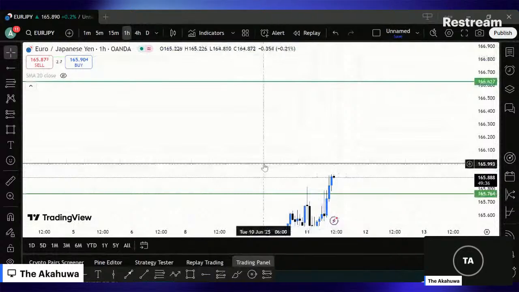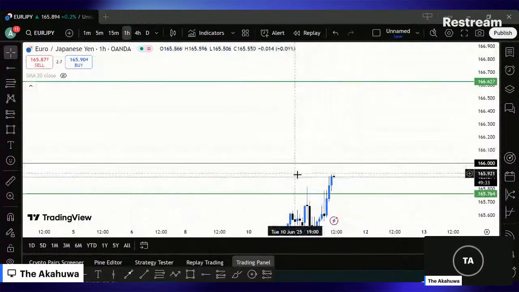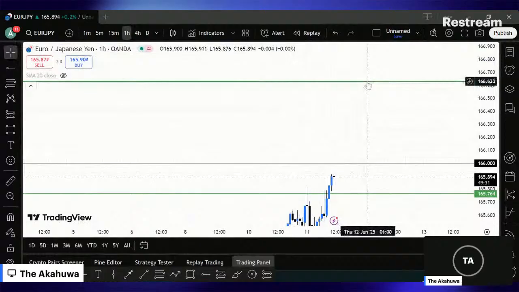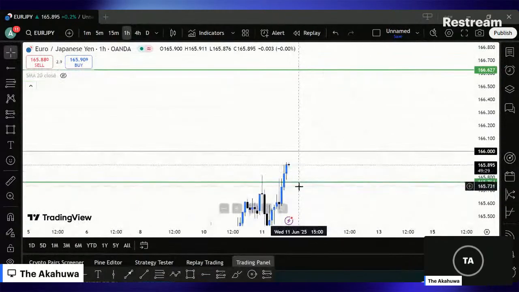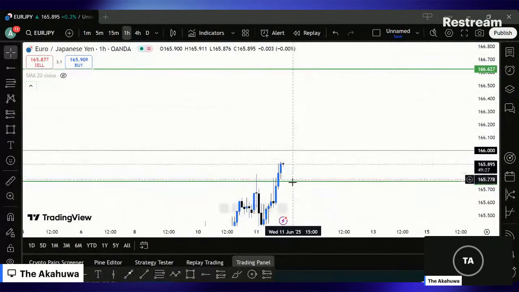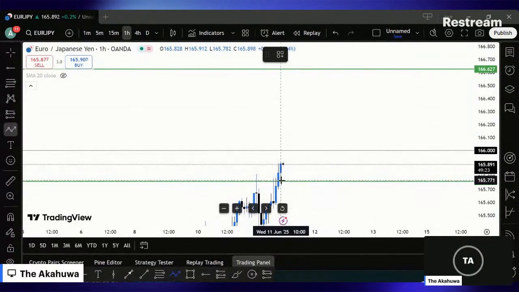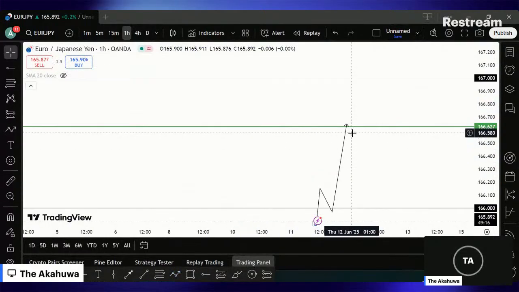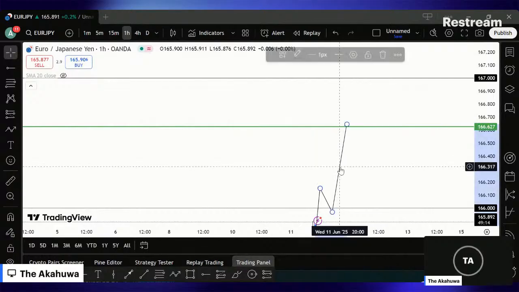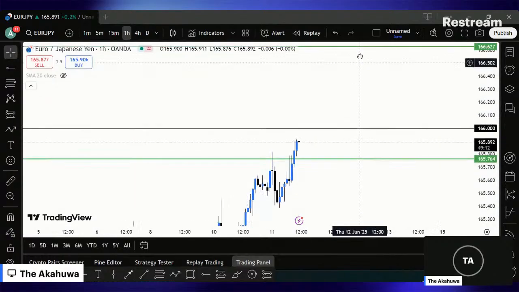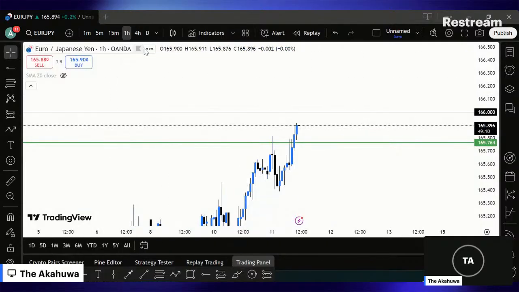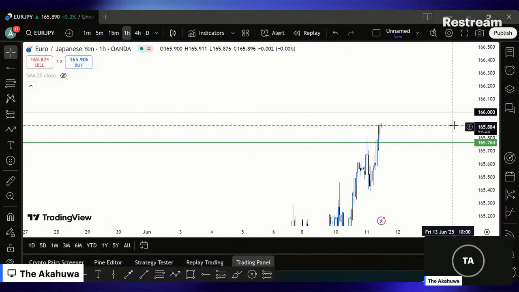And remember, I said if that level is violated, the next possible point is this. So if it keeps going up and goes up to this point, I'll use this line as a dynamic support and resistance until buy to the upside. But for now, I will just watch what price action does.